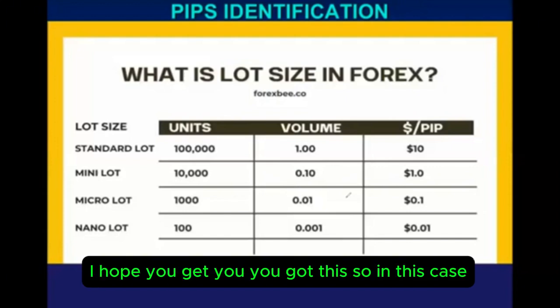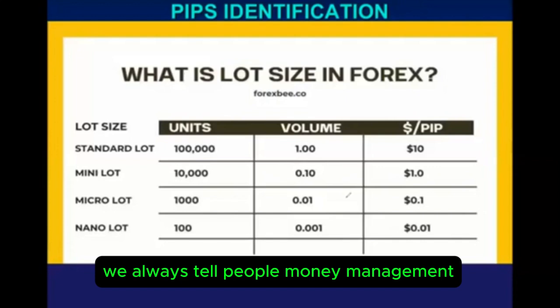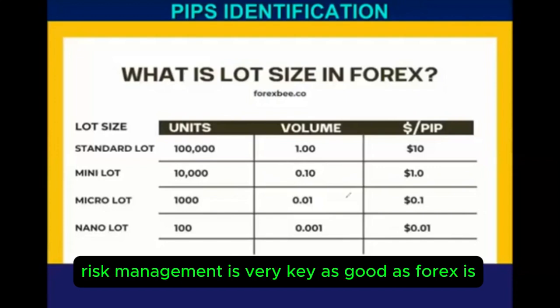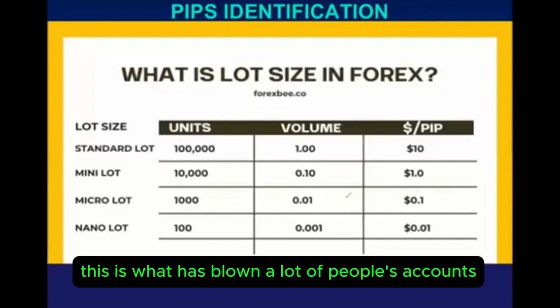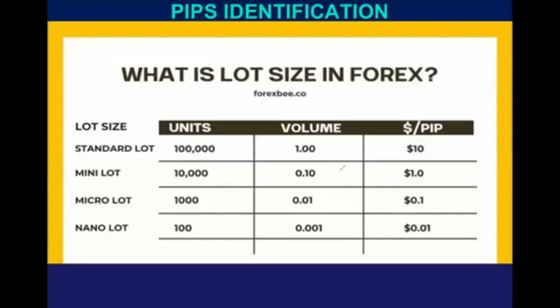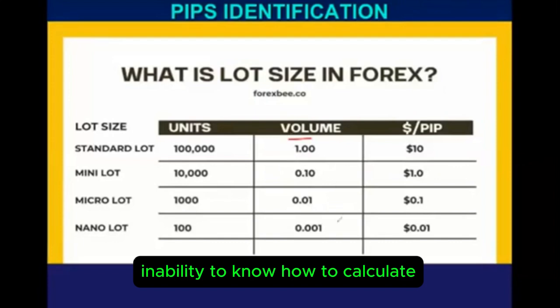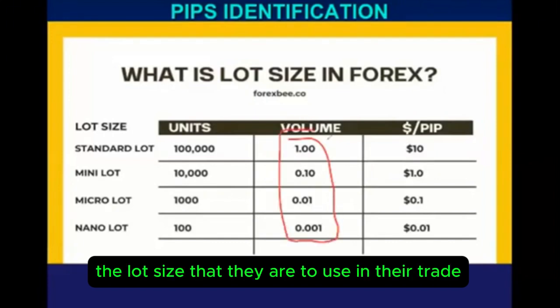I hope you got this. So in this case, we always tell people money management, risk management is very key. As good as Forex is, this is what has blown a lot of people's accounts: inability to know how to calculate the lot size that they are to use in their trade.